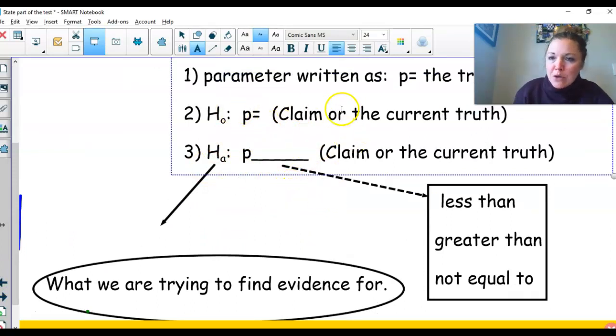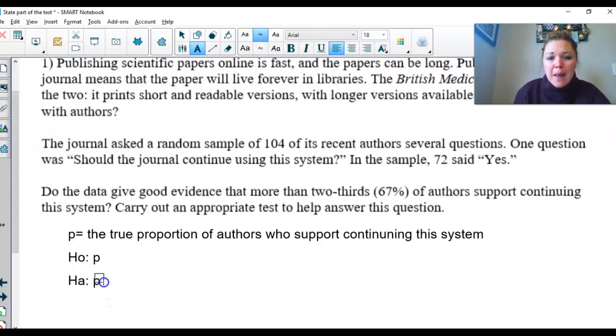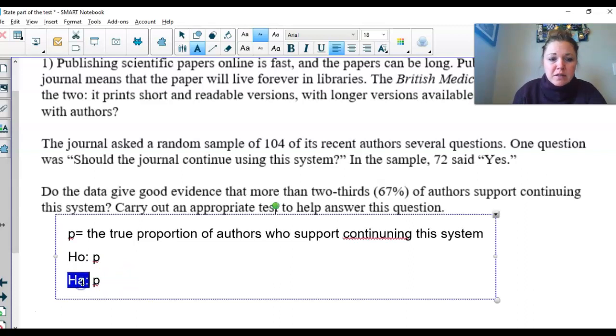So if it doesn't tell you a claim and you can't start there, go to the HA. We want to know if that true proportion is greater than 2/3. So I'm going to put greater than 0.67 because that's the percentage they give us. We always want to keep it as a decimal.